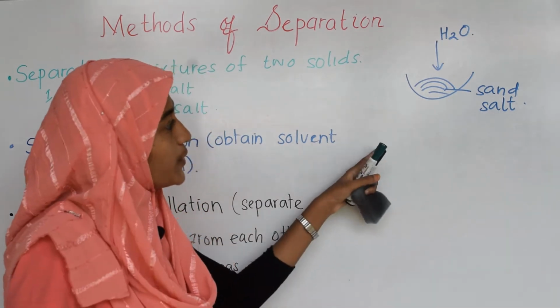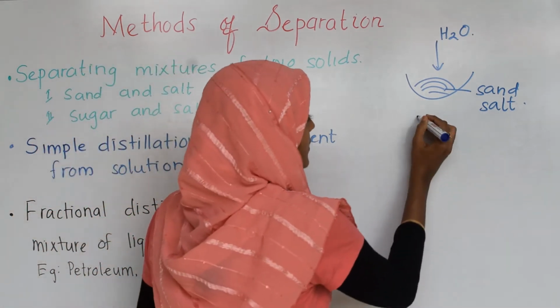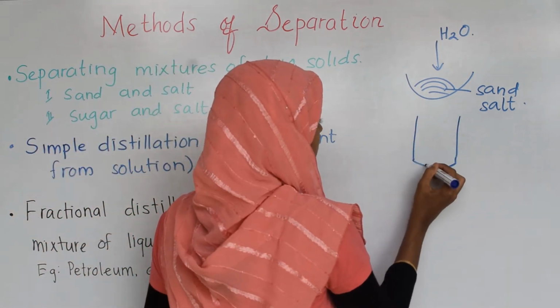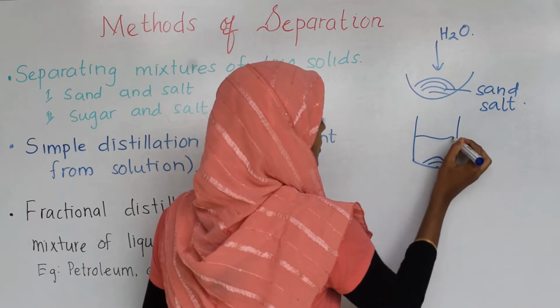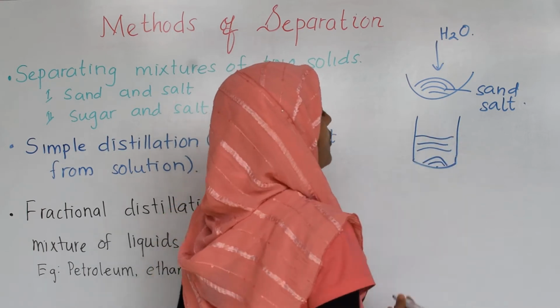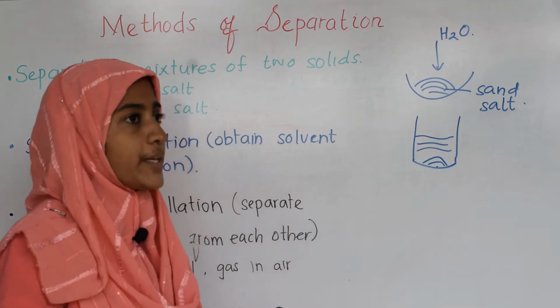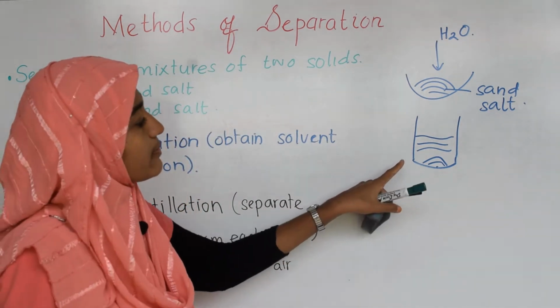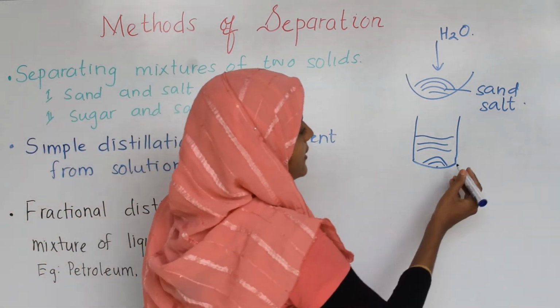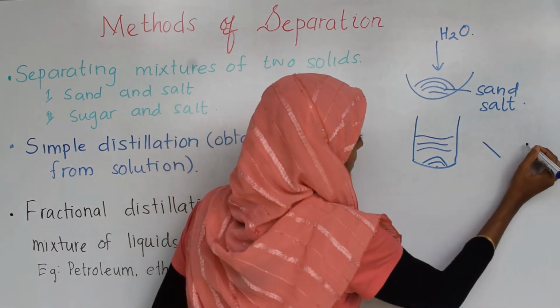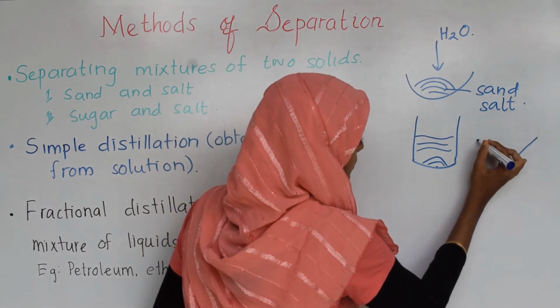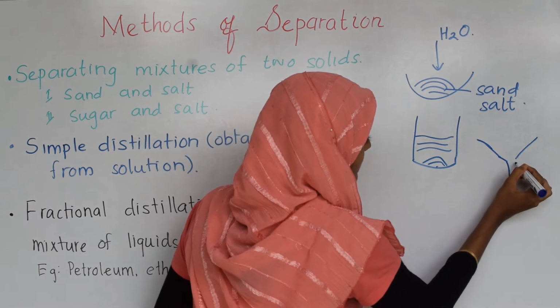So then what do we do? Once salt has dissolved and sand does not dissolve, sand will sediment at the bottom, and salt will form a salt solution in water. Decanting is not needed, but then we will have to do filtration.